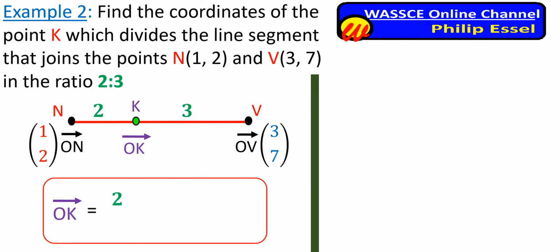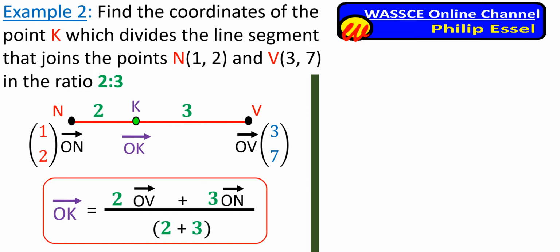This will be equal to the first ratio 2 multiplied by the vector OV, which is the vector on the right side of the ratio 2, plus the second ratio 3 multiplied by the position vector ON, which is the vector on the left side of the ratio 3, all divided by the sum of the two ratios, 2 and 3.